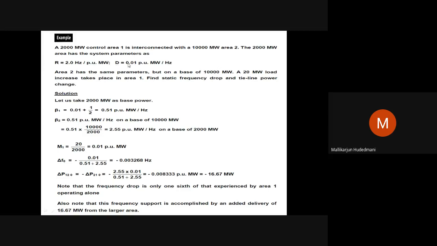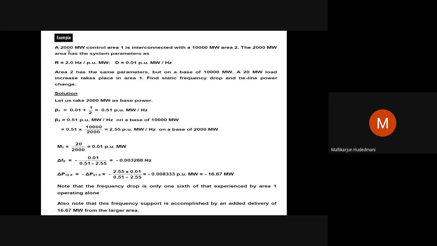R and D they may mention are referred to area 1 with respect to a certain base of that area, and with respect to area 2 similar values to be referred on the base value of that area. So then these became R and D in general.